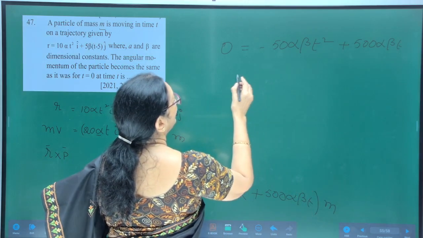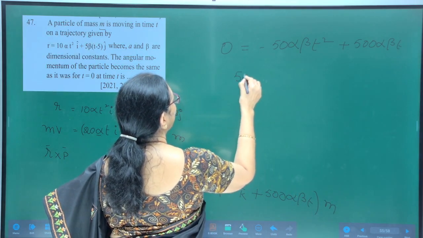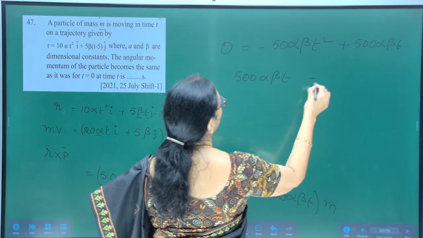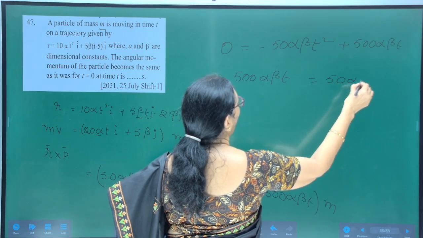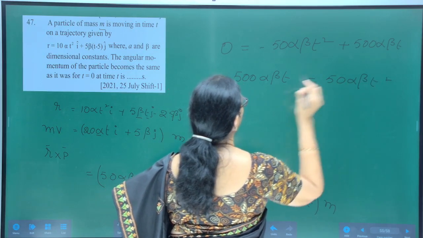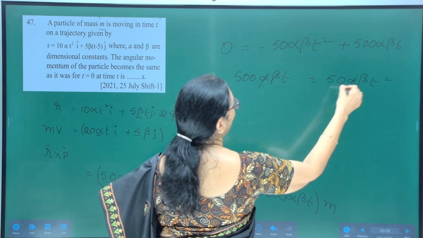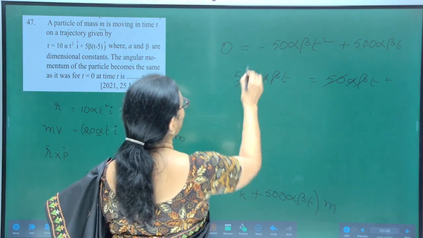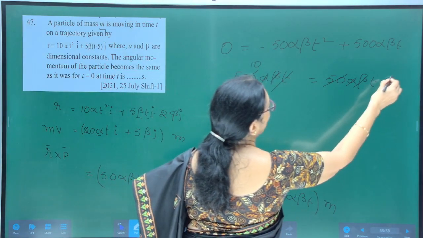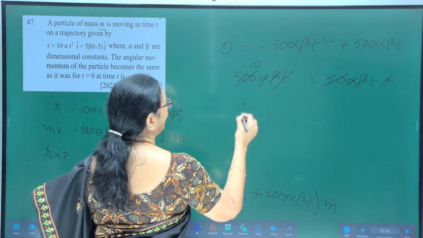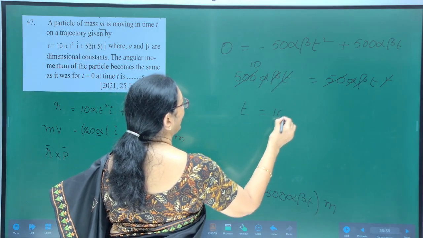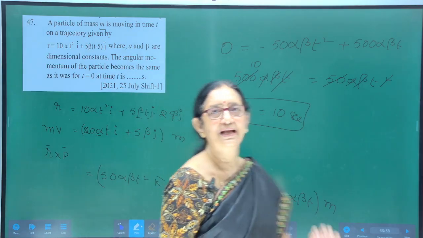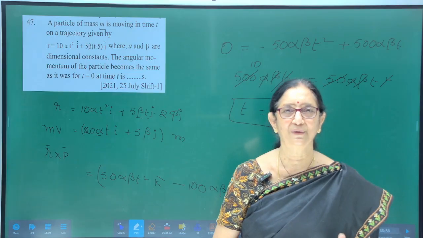From this what do we get? 500 alpha beta t is equal to 50 alpha beta t square. So, alpha beta gets cancelled, this gets cancelled 10 times, t gets cancelled in t square. So, t is equal to 10. So, after 10 seconds, its angular momentum is equal to 0.